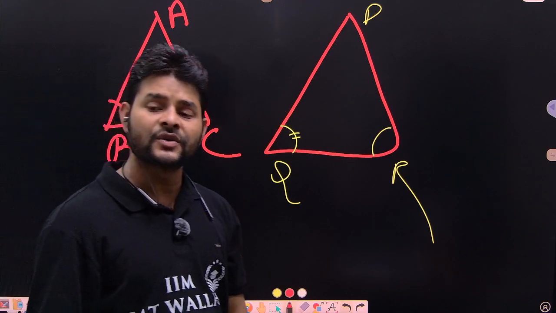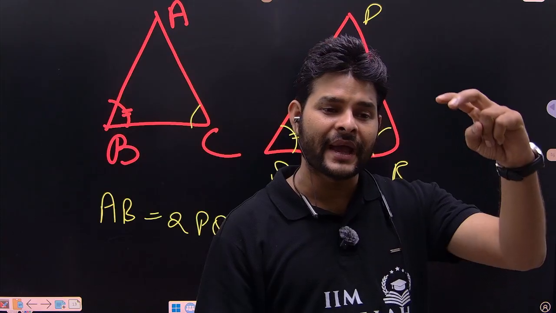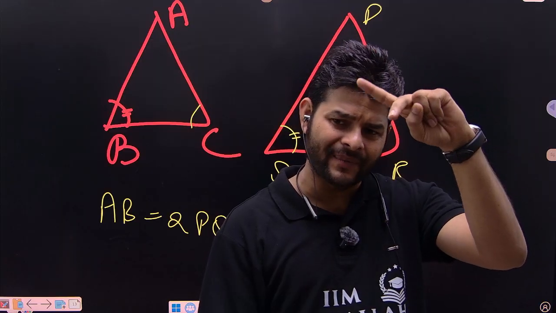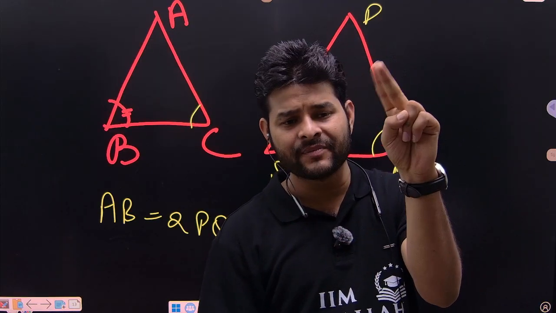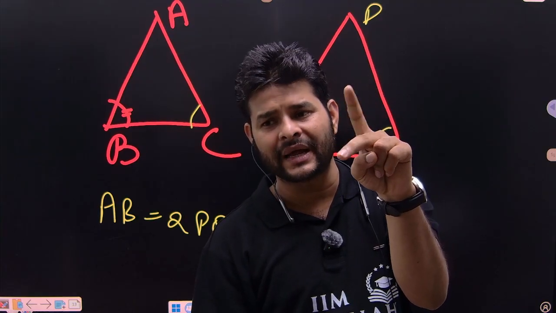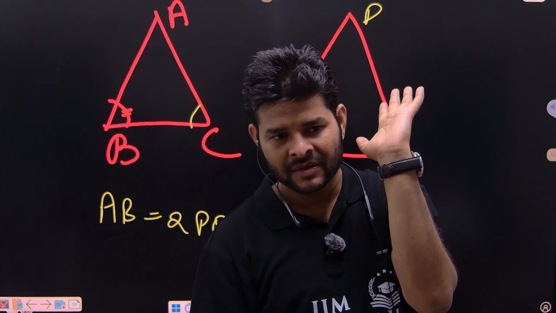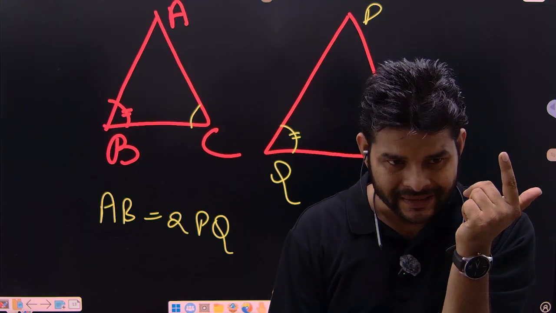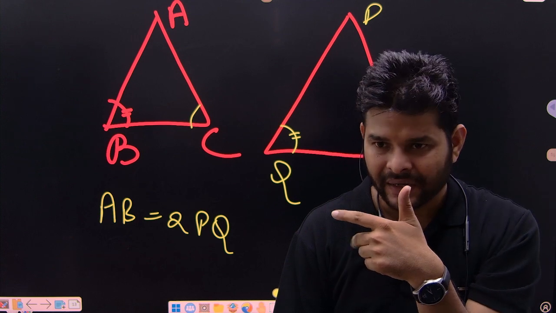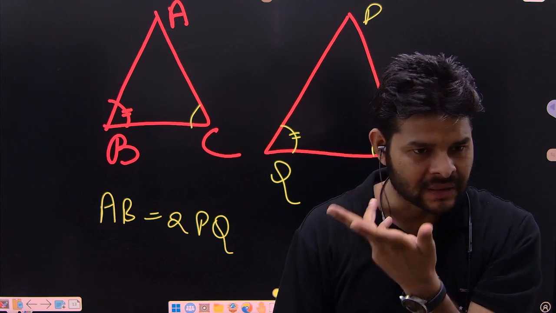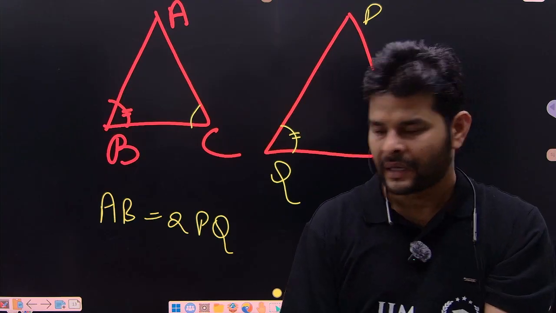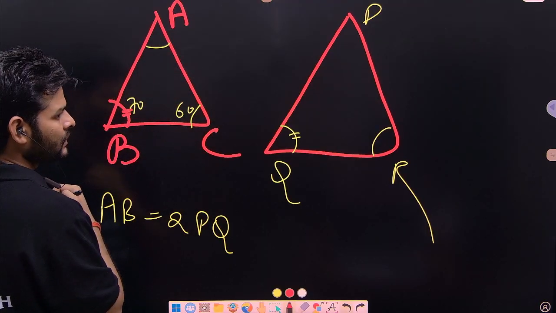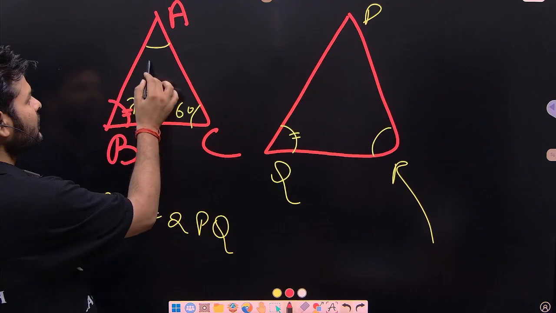Now come to the point. What was the condition of similarity? If two angles of the triangles are equal, that is the mandatory condition to prove that both triangles are similar. If this angle is 70 and this is 60, how much would the third be? 50.